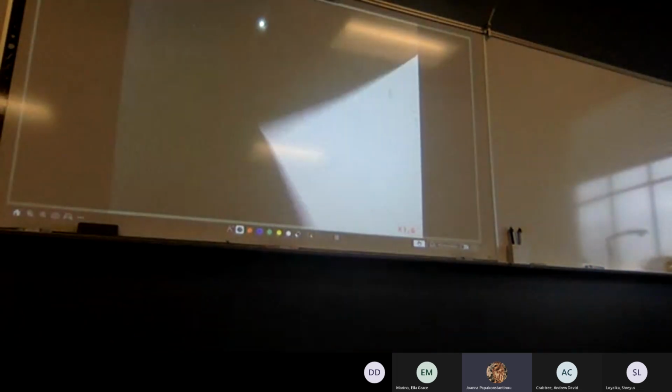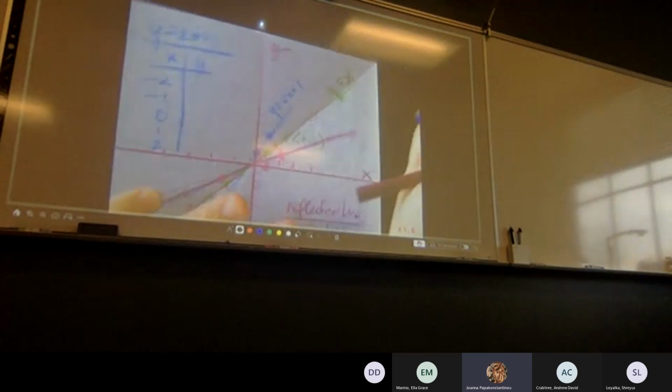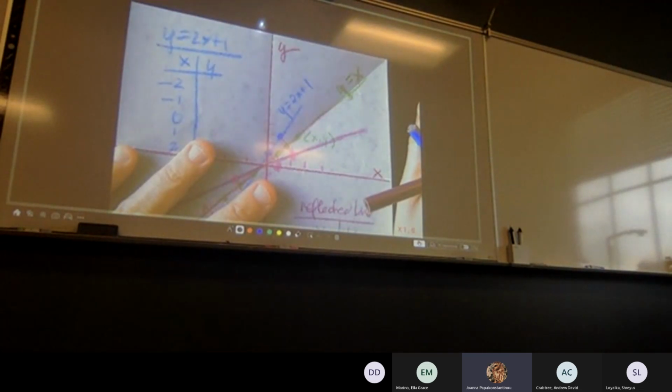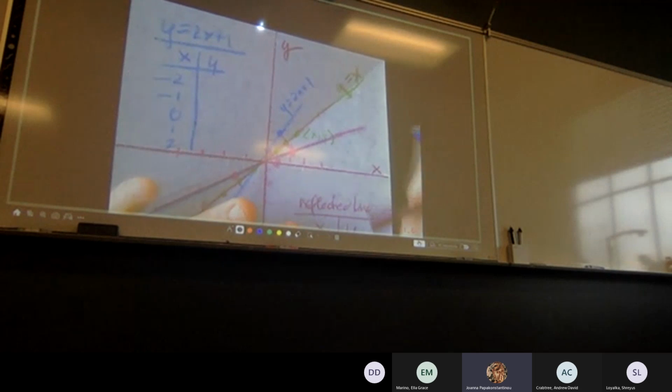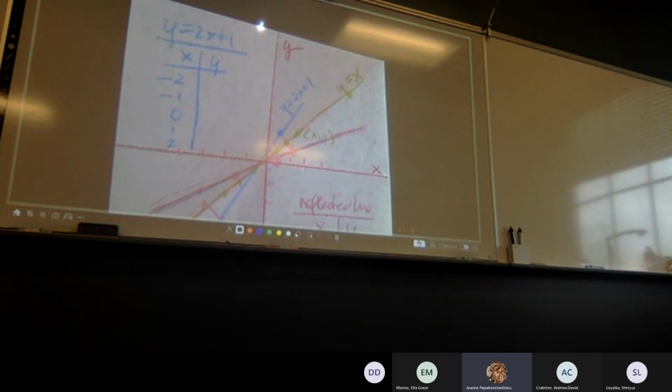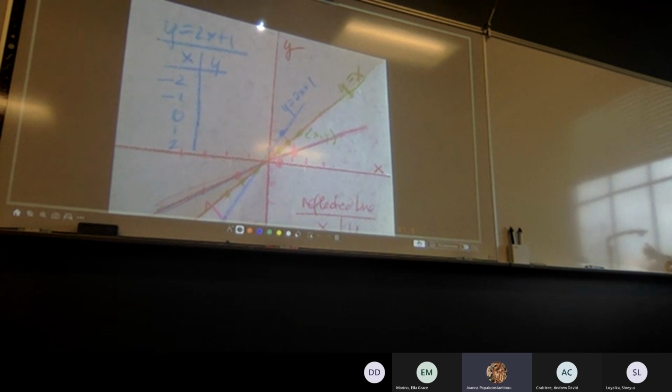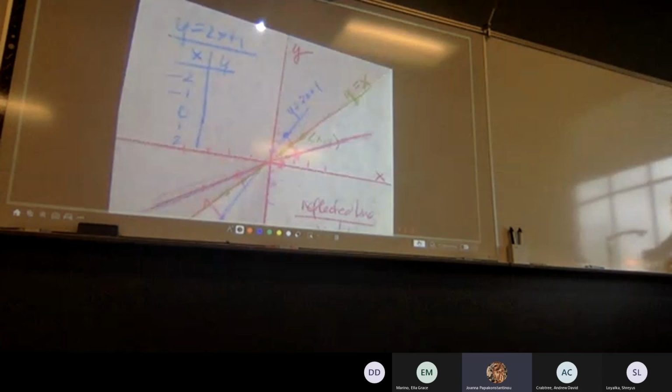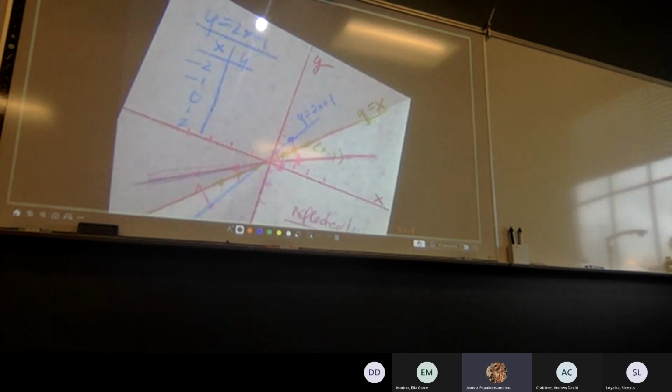We're going to start Thursday by going over the answers to the investigation, because finding the inverse of a function algebraically is a nice little process. But if you don't understand what it means to take the inverse of a function geometrically, graphically, by reflecting it, and the relationship between the domain and the range, then in the next unit, remember what I said, logarithmic functions tend to be a beast to some people.